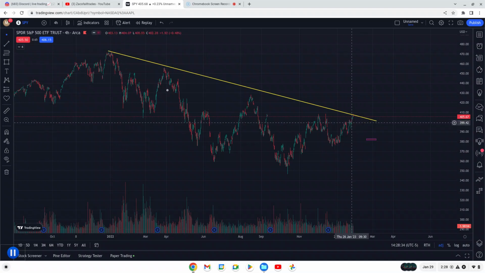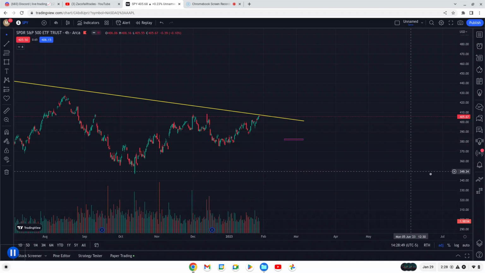And this line right here, this would be your resistance line. So resistance is like, you got overhead resistance right here. Once price gets to that resistance, it'll show weakness, or it'll reject from that resistance and come back, or it'll break through it.